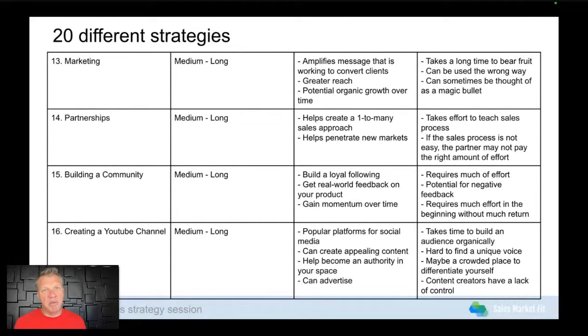It can be used in the wrong way. If someone on the ground, a sales team or a founder, hasn't found the voice of the customer and the messaging that works, and marketing tries without actually having the voice of the customer, it can be a lot of wasted effort and lackluster results. So sales and marketing here must work hand in hand together.